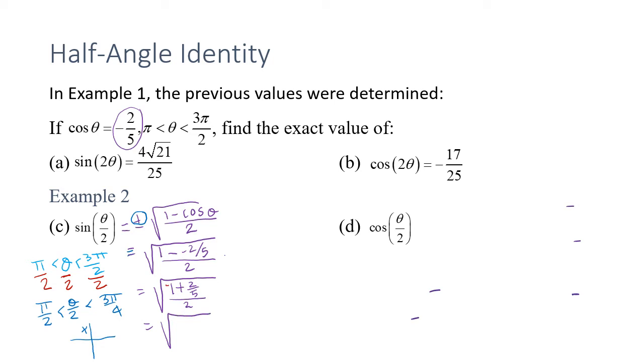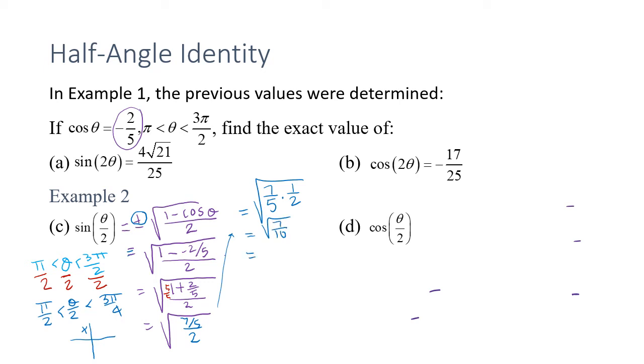So 1 is 5 over 5, we'll multiply that by 5 over 5 to get a common denominator, and you'll get 5 plus 2, which is 7 over 5 for the numerator. And then again, that's all over 2. Dividing by a fraction is the same thing as multiplying by the reciprocal. So dividing by 2 is the same thing as multiplying by 1/2. And we get the square root of 7 over 10.